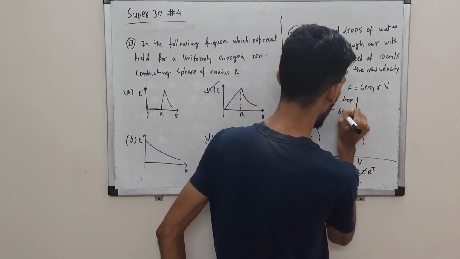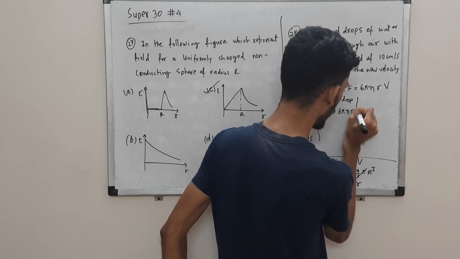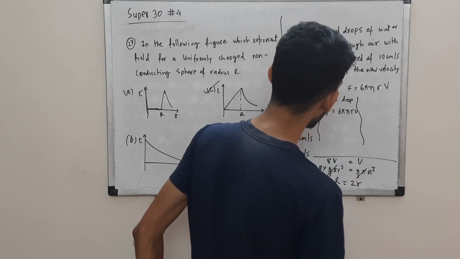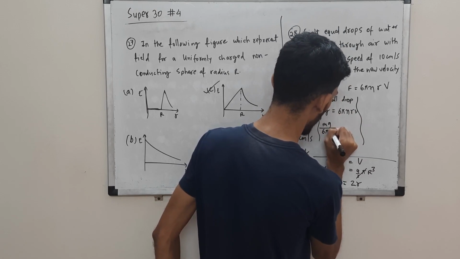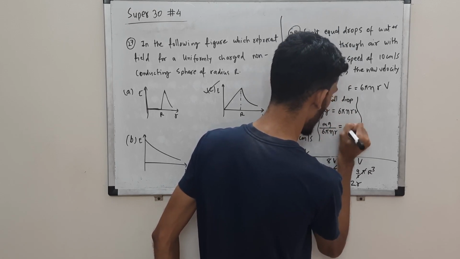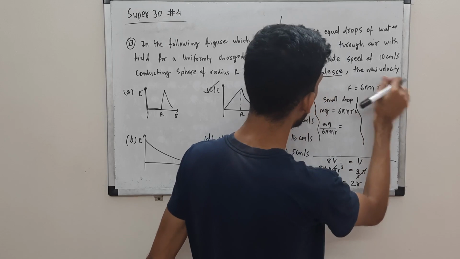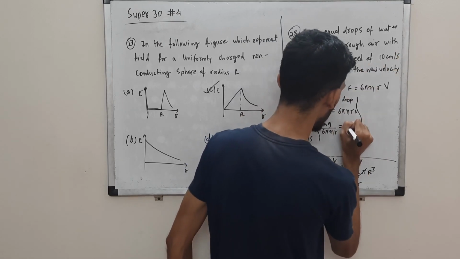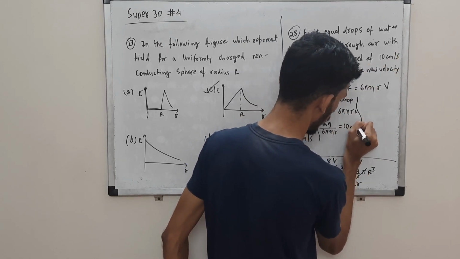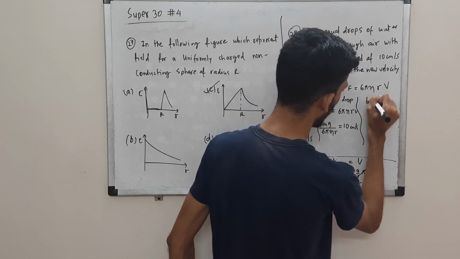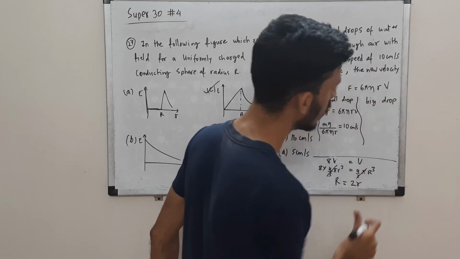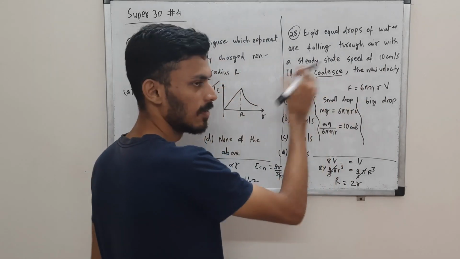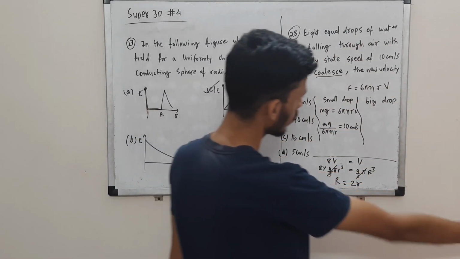We have mg equal to 6 pi eta r v. Now we can write mg by 6 pi eta r as v. V is given as 10 centimeters per second for the small drop, right? For the big drop, we can now use the same logic. The terminal velocity is when its weight is balanced by the viscous force.